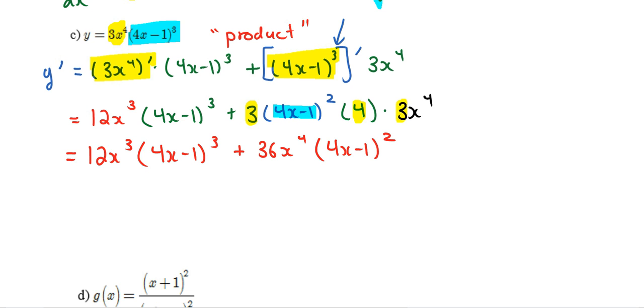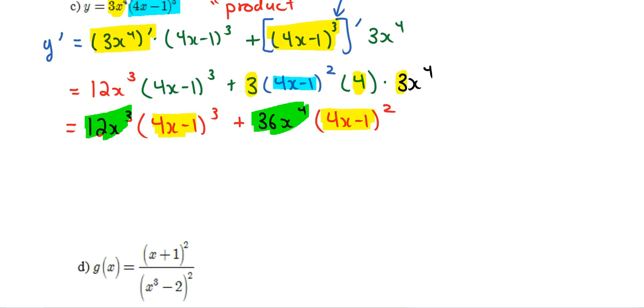I have this (4x - 1), I have a (4x - 1), so I can factor that out, but I can also factor out this 12x^3. So 12x^3 and this 36x^4 have a common factor, so let's factor out the greatest common factor here, which is 12x^3 times (4x - 1)^2.